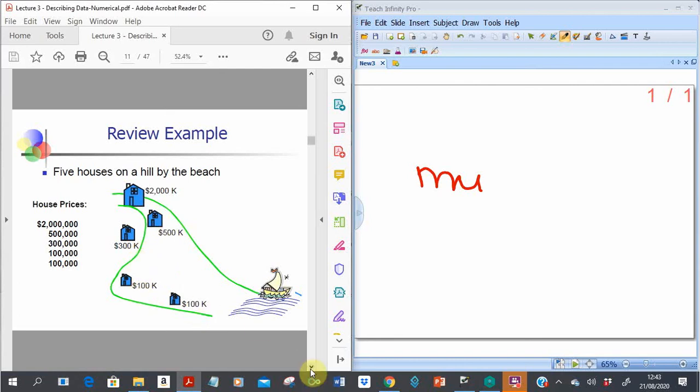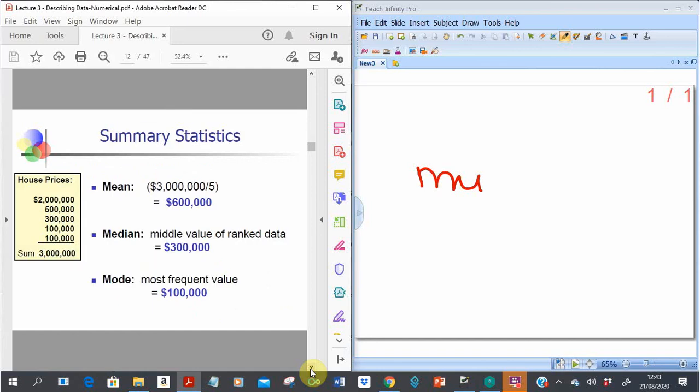Those are the house prices. So what is the mean? We have 5 of them, so we add the prices and divide by 5. So the mean price is actually $600,000.